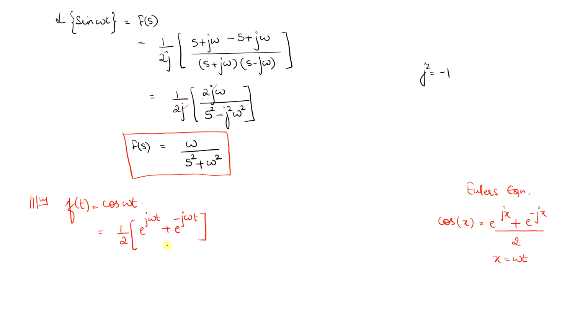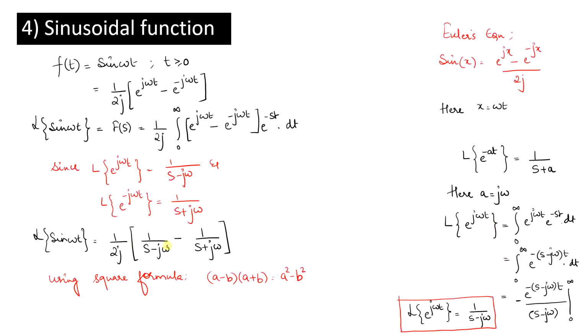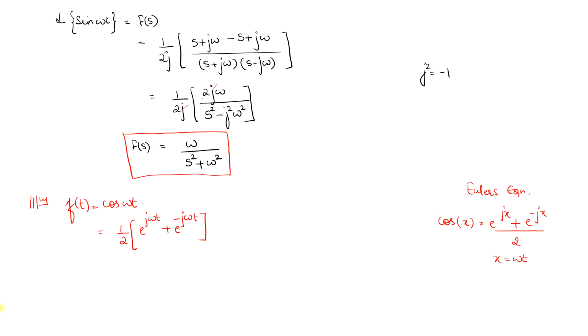And if you use similar steps like the ones which we have computed, you have the equation f of s equal to 1 by 2 integration 0 to infinity e power j omega t plus e power minus j omega t into e power minus st into dt.